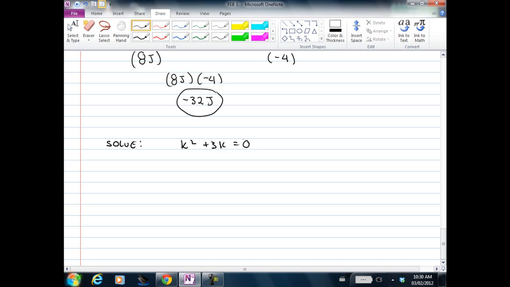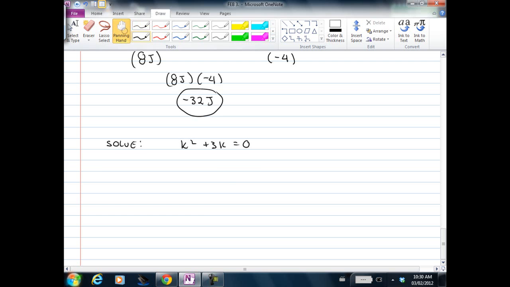Your brain is so used to thinking complex stuff now. When I give you something super easy, I guarantee you half the class will get this wrong. 0? Is that your only answer? 0 and negative 3? 0 and negative 3 is correct.